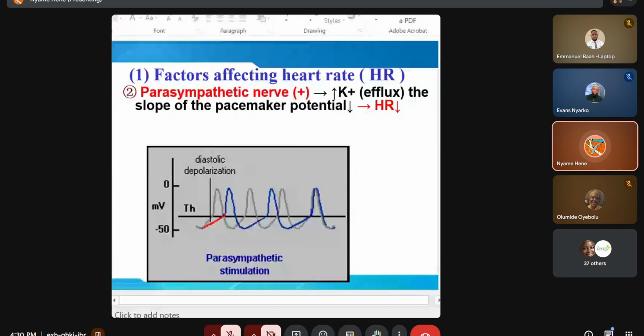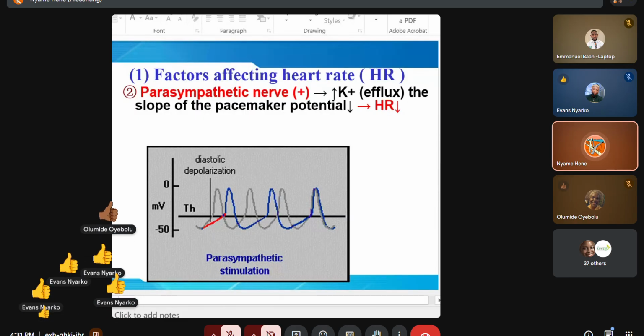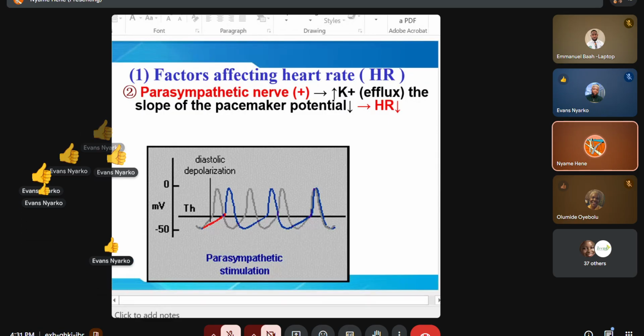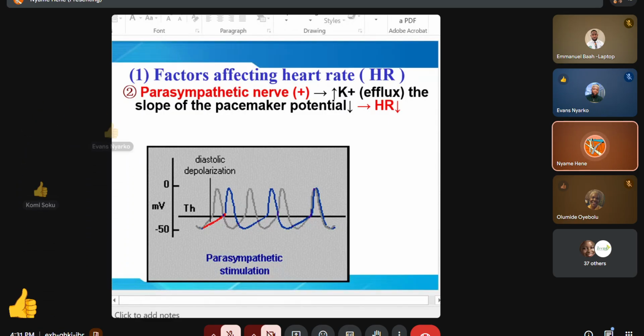Now, after you have run and gone to hide somewhere, you see that you are coming down, you are resting, you are panting, and the heart is coming down. At that point, the parasympathetic nervous system is taking place and acting on the heart. You understand? I'm just teaching you broadly. It involves a lot of calculations and chemical reactions that take place in the body.